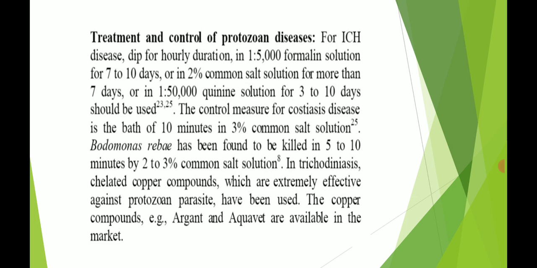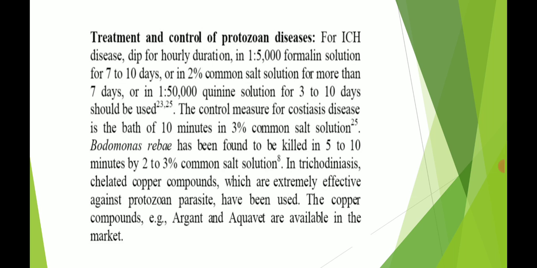Now see the treatment and control of protozoan diseases. For Ich disease, dip for an hourly duration in 1 to 5000 formalin solution for 7 to 10 days, or in a 2% common salt solution for more than 7 days, or in a 1 to 15,000 quinine solution for 3 to 10 days should be used.